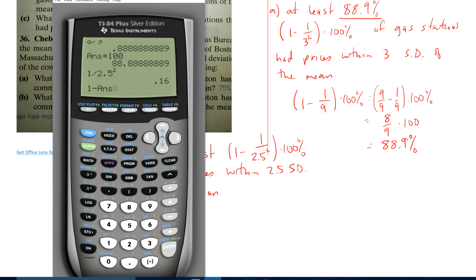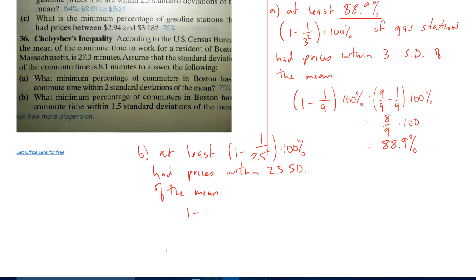I'm doing that to show you can do that. 0.84 times 100, which we know moves the decimal over 2 places. 84. So that's 84%. Okay, so there's B.